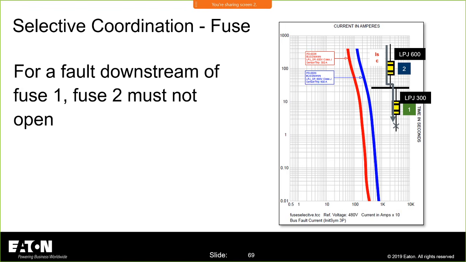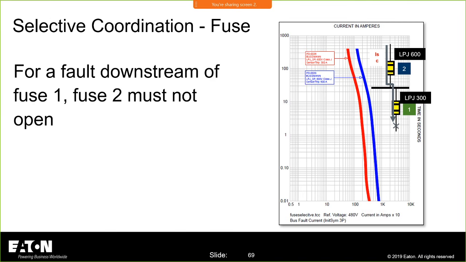If you think about when I have 2 fuses, so in this example, I have a 600 amp LPJ fuse upstream of an LPJ 300. The fuse industry has had these selective coordination ratio tables for many years.